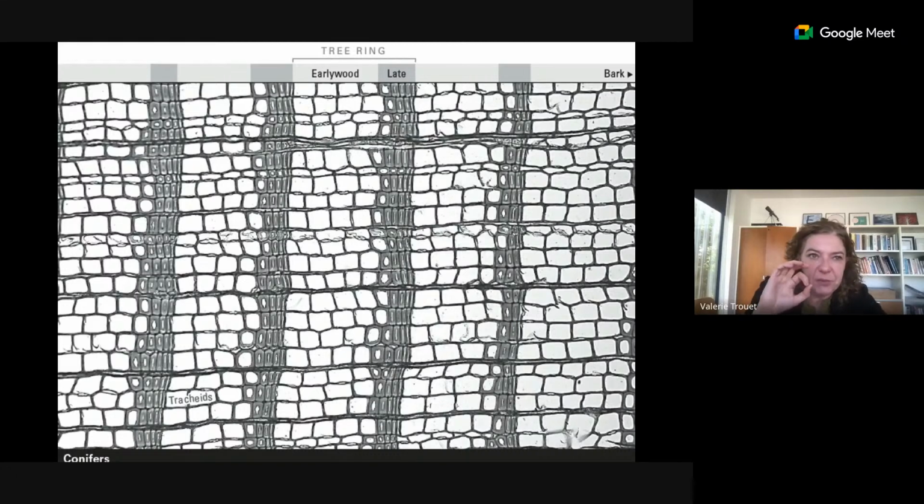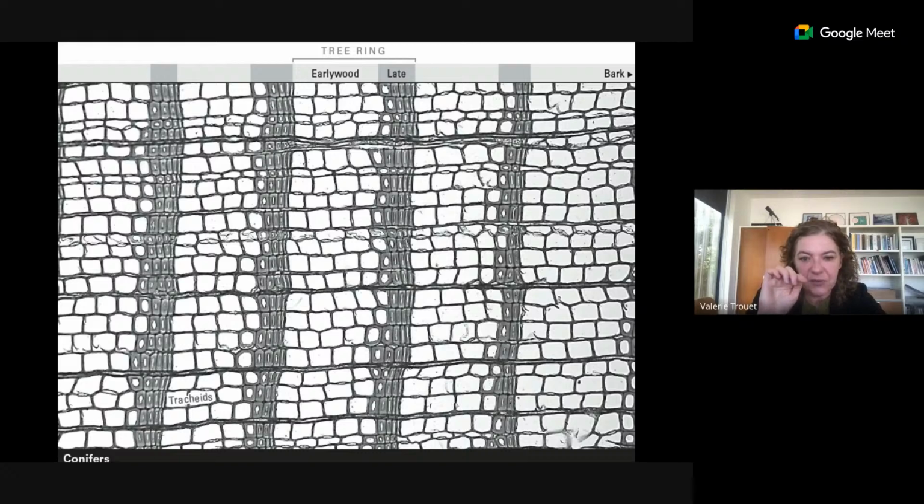So what we did is we measured the density of the wood of each ring. And density is well known to be a much better representation of summer temperature than the ring width. When you measure the density of the wood, what you actually measure is the width of the cell walls, of individual cell walls.